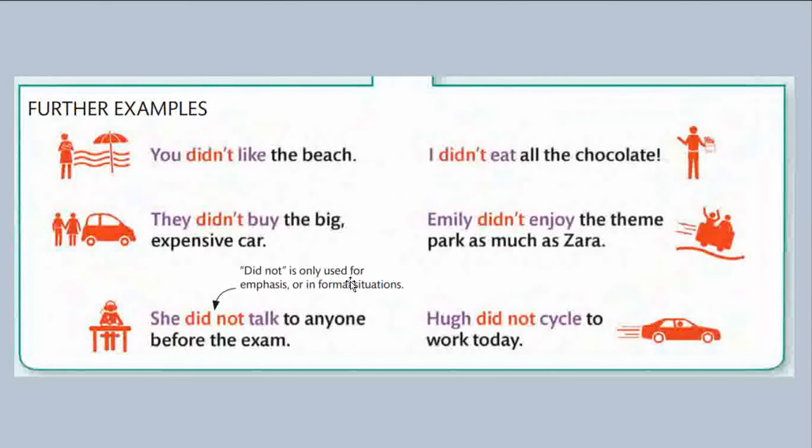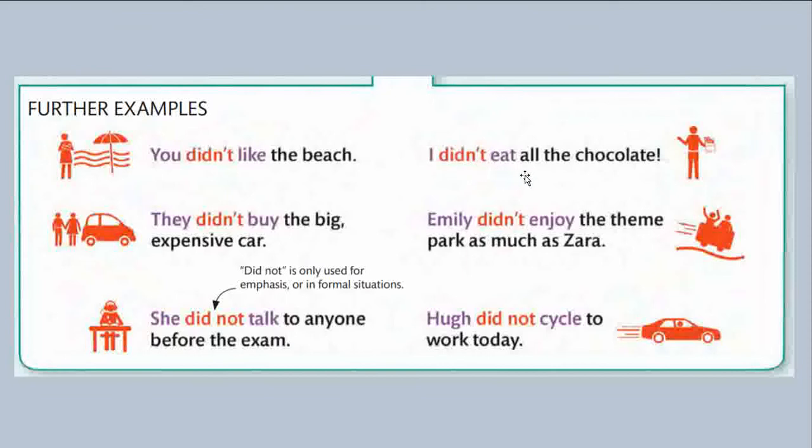Did not is used only for emphasis when you want to emphasize on something, or secondly, it is used for formal situations. Remember, for informal writing, you can use didn't, but for academic writing, you need to use the expanded form, did not. So it is used for formal or academic writing.